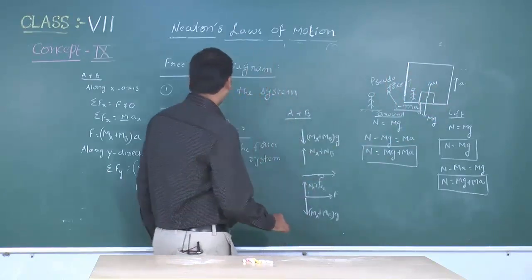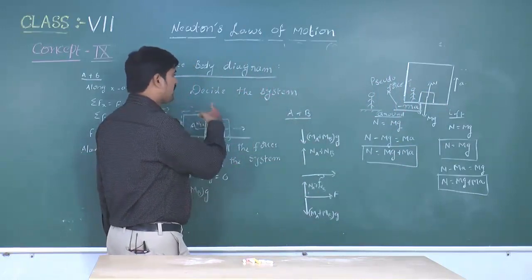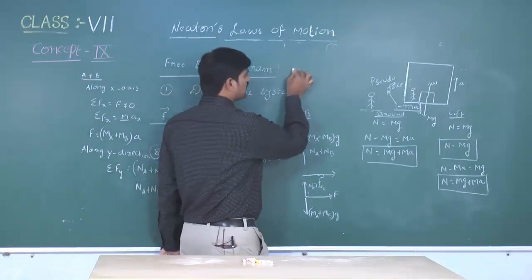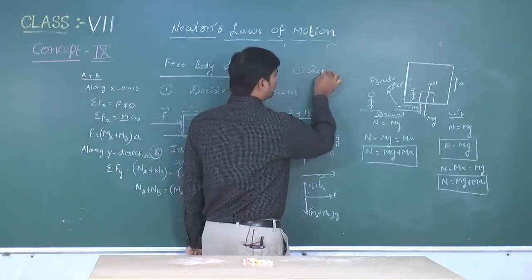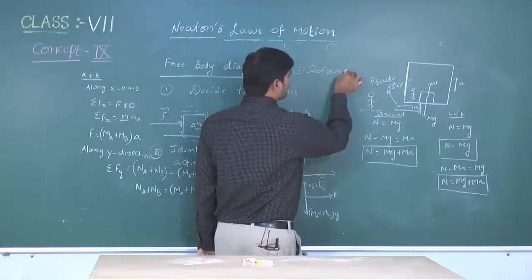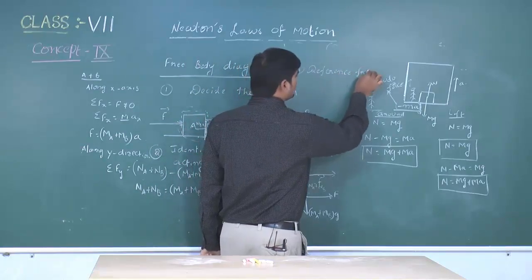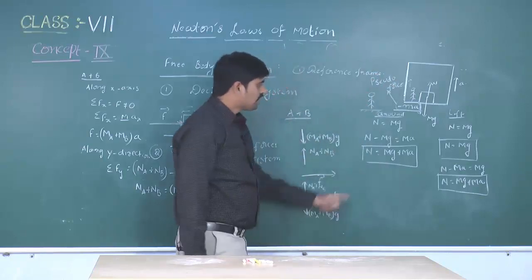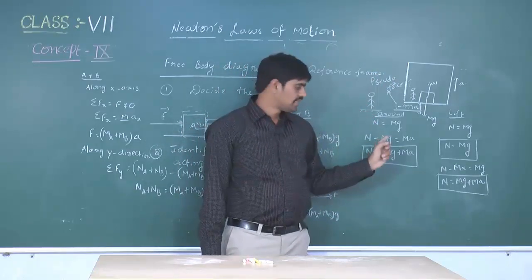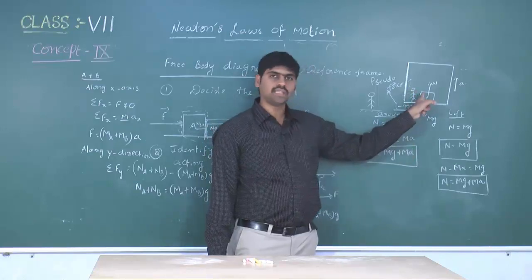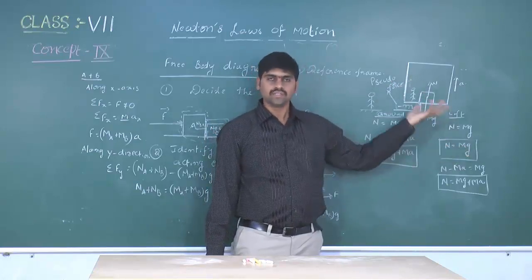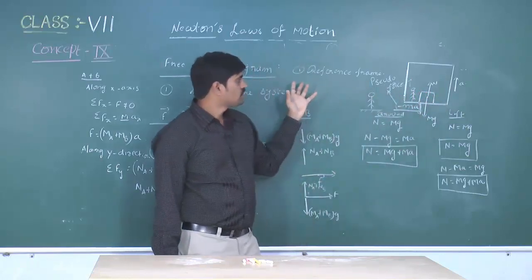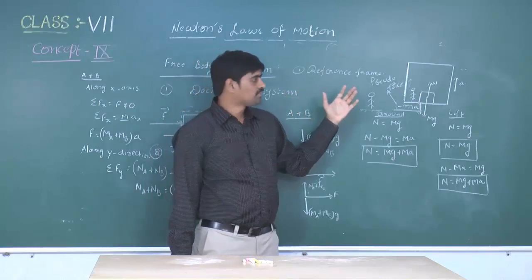Okay, so in the first step we said to decide the system. Before that, the first important thing is the reference frame. The observer here says one answer, the observer there says another answer, so another very important step is choosing the reference frame. Where is the observer?